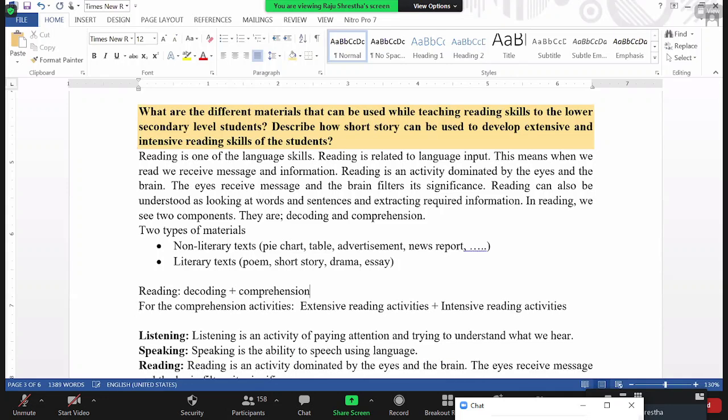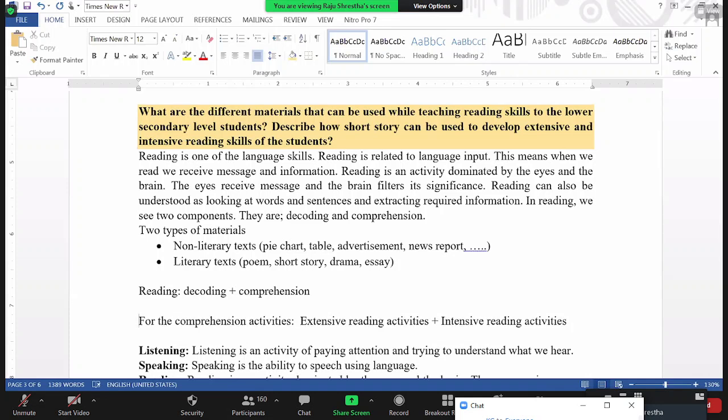So you also try to write an answer from your perspective. Main idea in reading is what? Decoding or comprehension. To develop comprehension, there are some comprehension exercises or activities, like extensive: simple types of fill in the blanks, matching, completing. These are extensive. They just read for fun, pleasure.